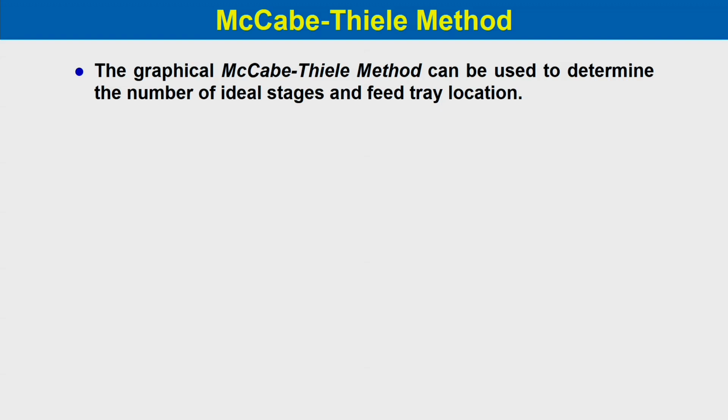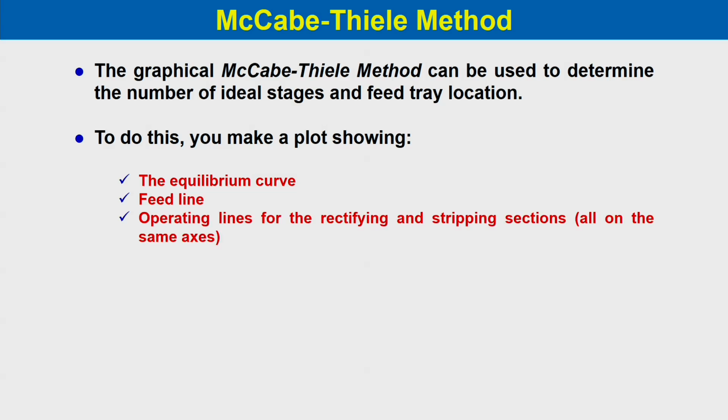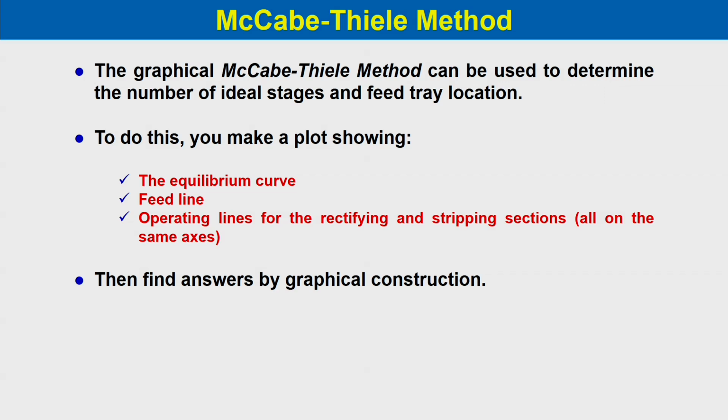The graphical McCabe-Thiele method can be used to determine the number of ideal stages and feed tray locations. To do this, you make a plot showing the equilibrium curve, then the feed line, then the operating lines for the rectifying and stripping sections, all on the same axis. Then find answers by graphical construction.